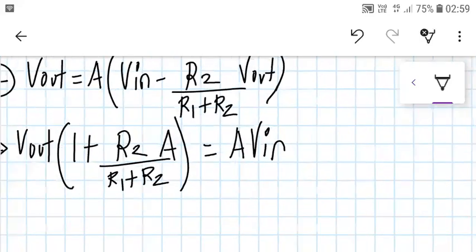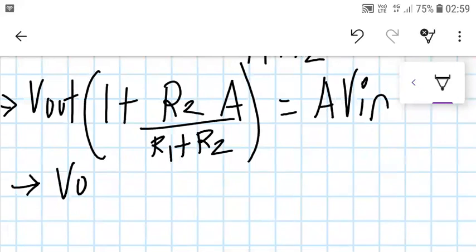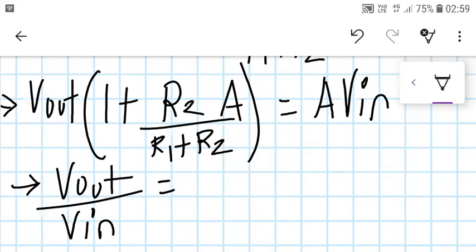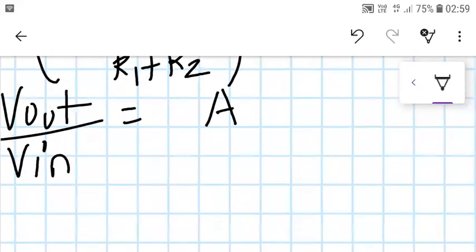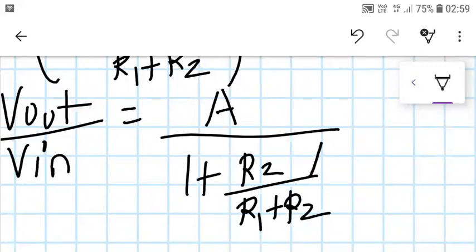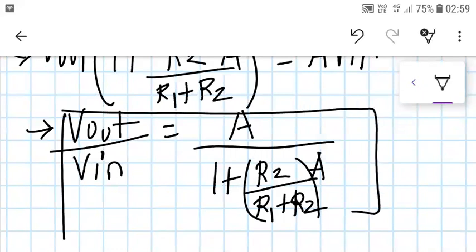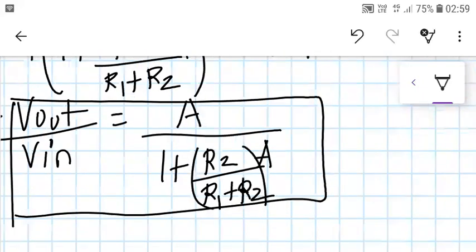Yes, we are inching towards the solution. So V out upon V in is equal to A divided by 1 plus R2 upon R1 plus R2 into A. This is my exact expression of V out upon V in.